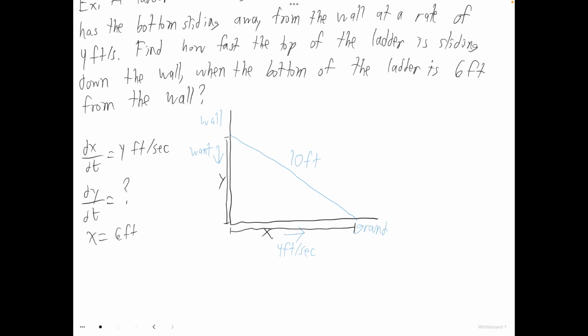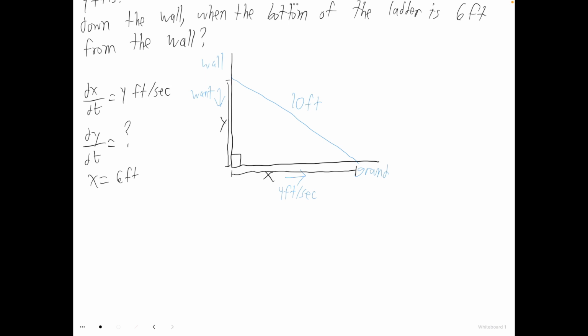And so what we need to do is find some relationship between x and y. Well, notice that this is a right triangle that we have here. And so the Pythagorean theorem relates all three sides of the triangle together, and x and y make up two of the sides, so that gives us a relationship. We have x squared plus y squared must equal the hypotenuse, which is 10 squared.